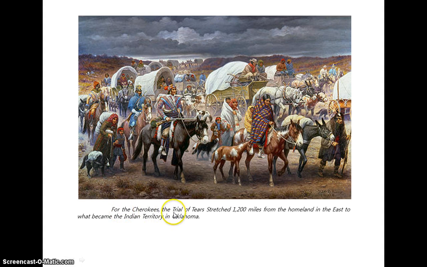For the Cherokees, the Trail of Tears stretched 1,200 miles from the homeland in the east to what became the Indian Territory in Oklahoma. So this was like a made road for Indians to move to the west part of the Mississippi River. And yeah, Oklahoma was now Indian Territory.